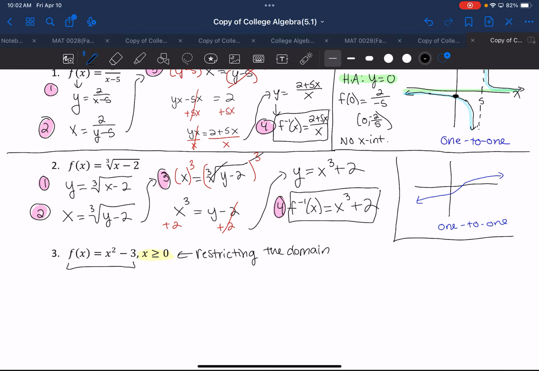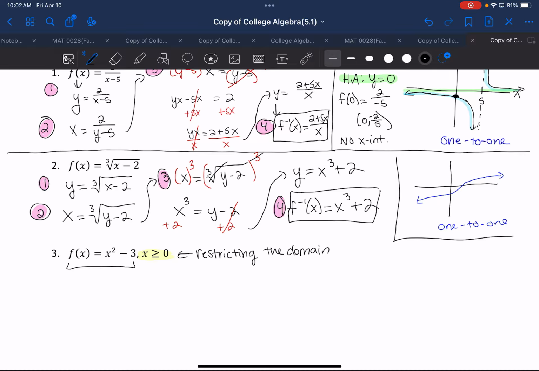Remember when we did piecewise functions and we would only graph certain pieces for certain x values? This is kind of cutting off a piece of this graph and only wanting us to graph this function for x is greater than or equal to 0. And why would they do that?